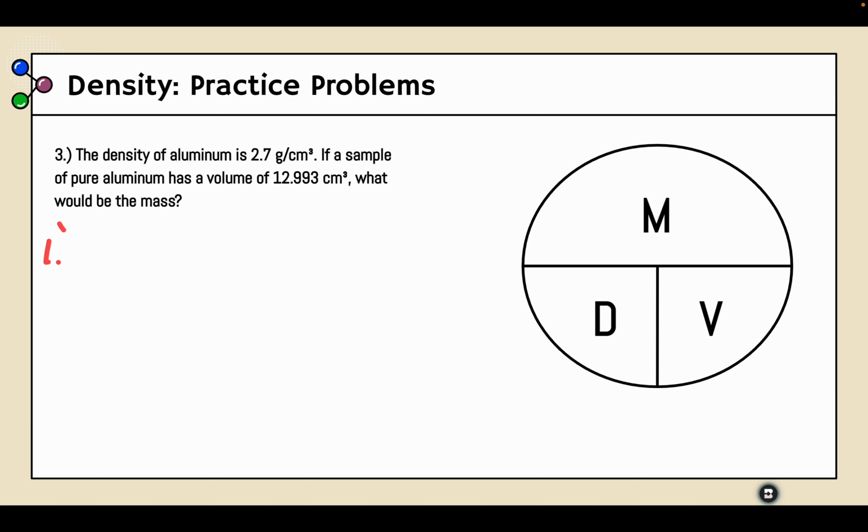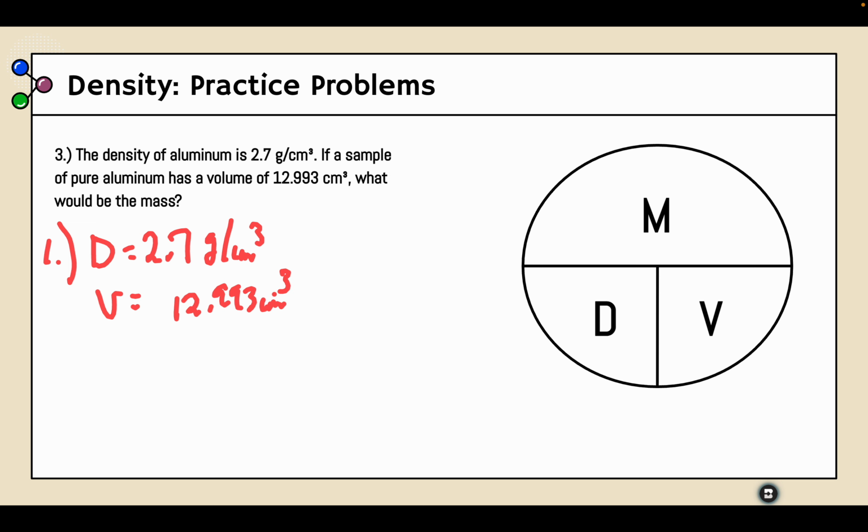I'm going to work pretty quick here. So I know that the density is 2.78 grams per centimeter cubed, and it gives me a volume, 12.993 centimeters cubed, and it's asking me to find the mass of this sample. So now I look at my equation over here, my pie chart. I know that mass is above D and V, so I multiply them.